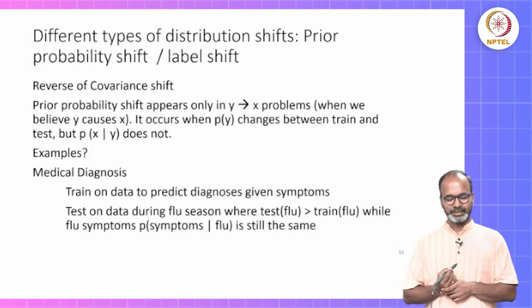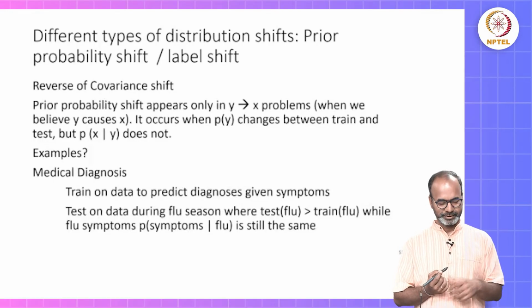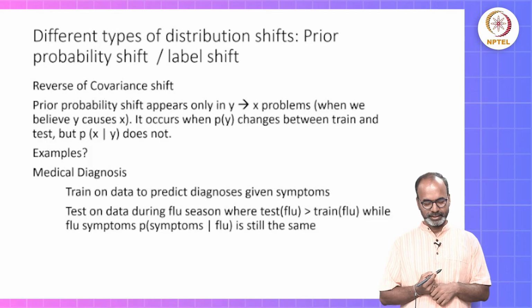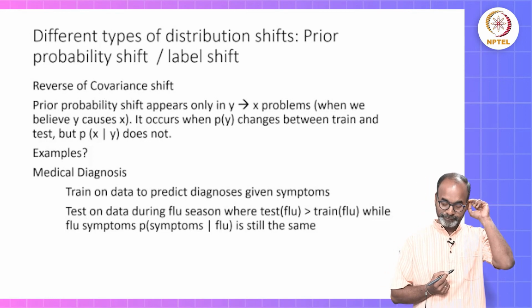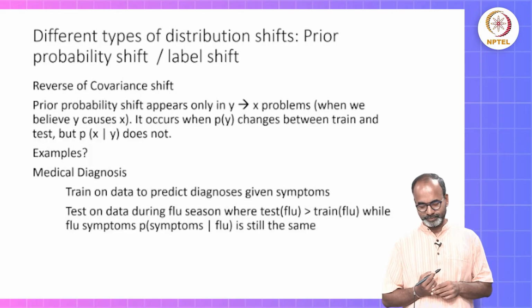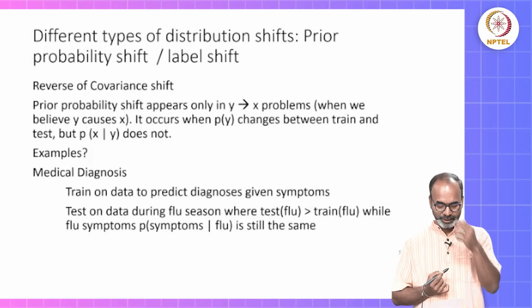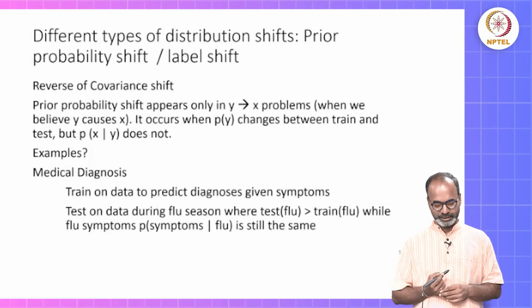Here are some examples. Train on the data, meaning medical diagnosis. Train on data to predict diagnosis given symptoms. Test on data during flu season, where P test of flu is greater than P train of flu because you're testing it during the flu season.